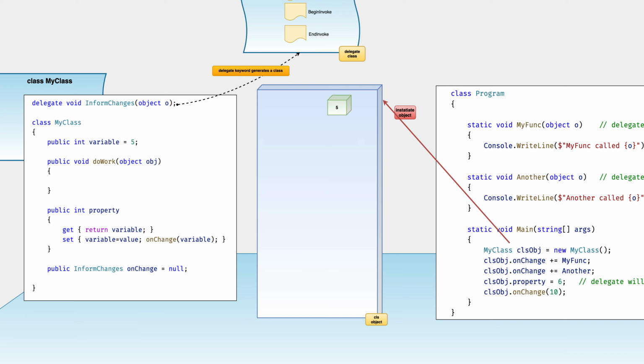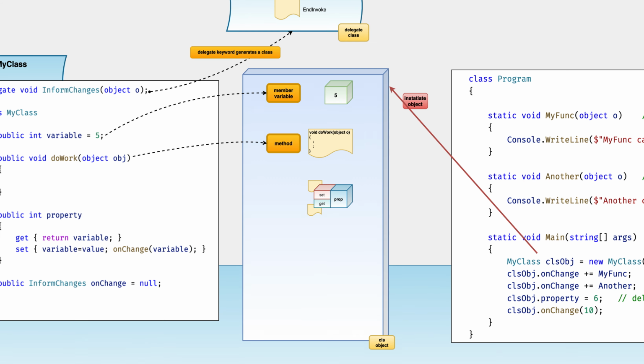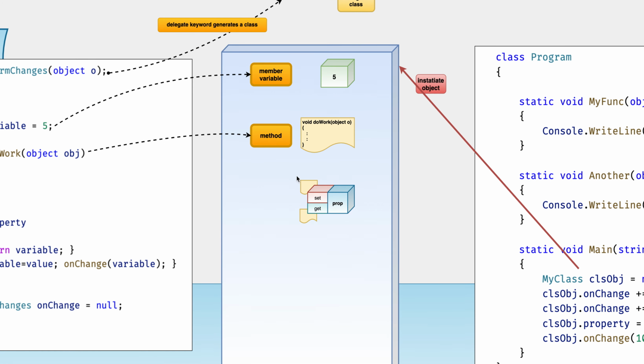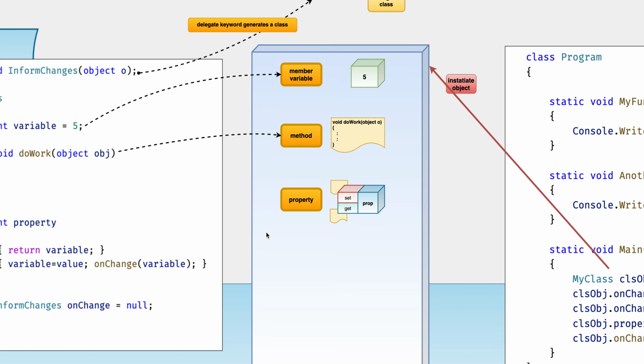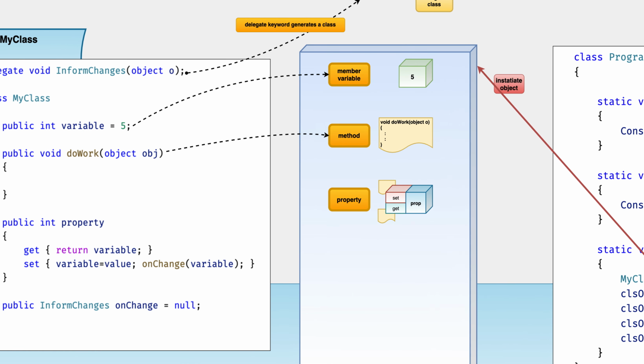So we have this variable, which is the member variable here. We have the method coming from this definition. We have a property, which is basically a set of functions pretending to be a variable. So we have the property, which is coming from the definition here.